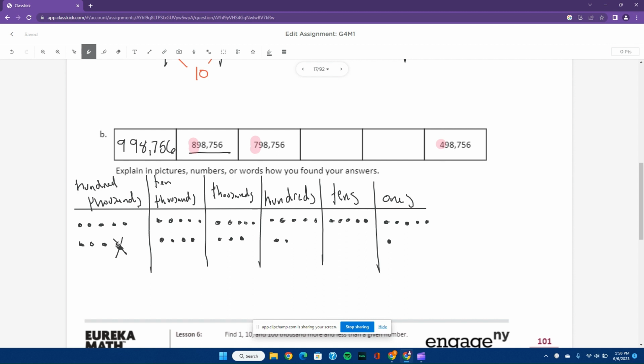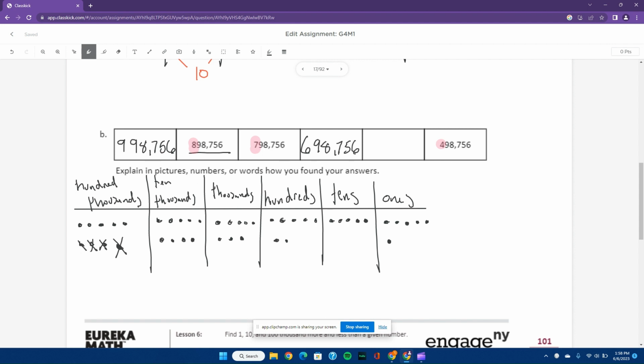So to start, we had 998,756. And we took one away to make 898,756. We removed another one to make 798,756. Take one away, and I'm left with 698,756.